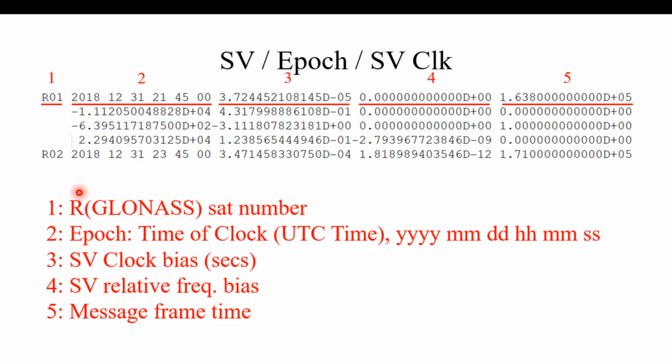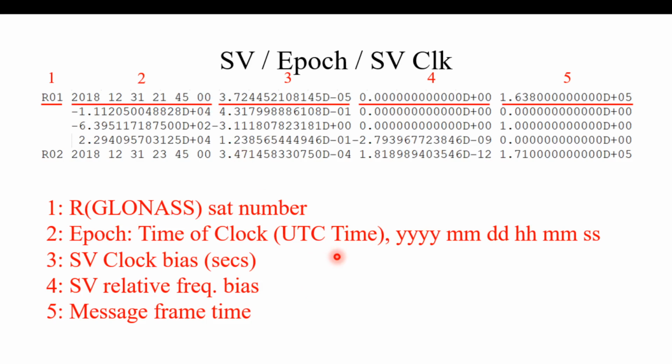The first column denotes the R system, the GLONASS first satellite, GLONASS 01 satellite number. Again, this time is different from GPS. It's not GPS system time, which is an atomic time interval normally, but here it is UTC time. It is the time interval which you use in our daily life.